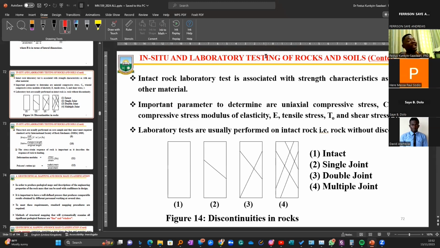To determine the rock properties to influence our design, we only pick samples that look like this to the lab for our test property.